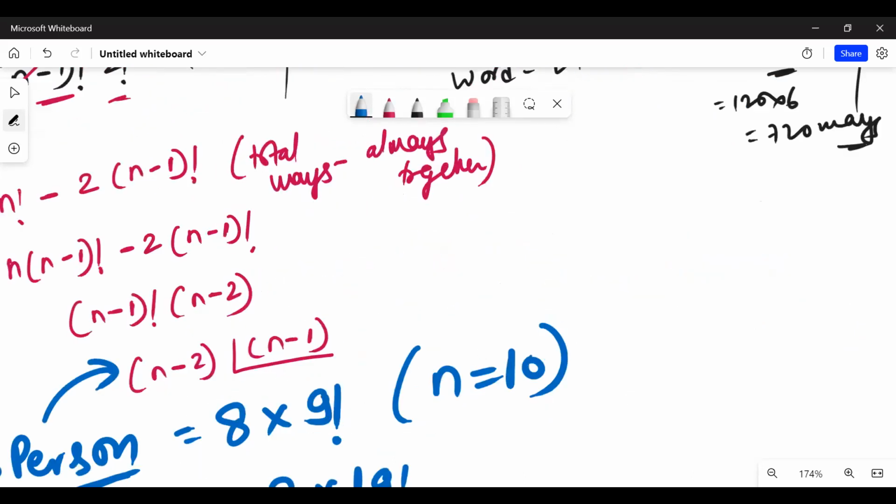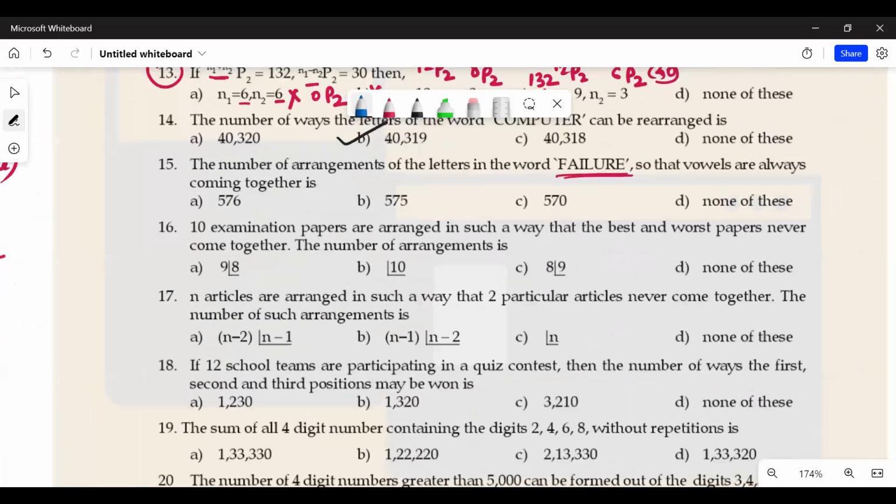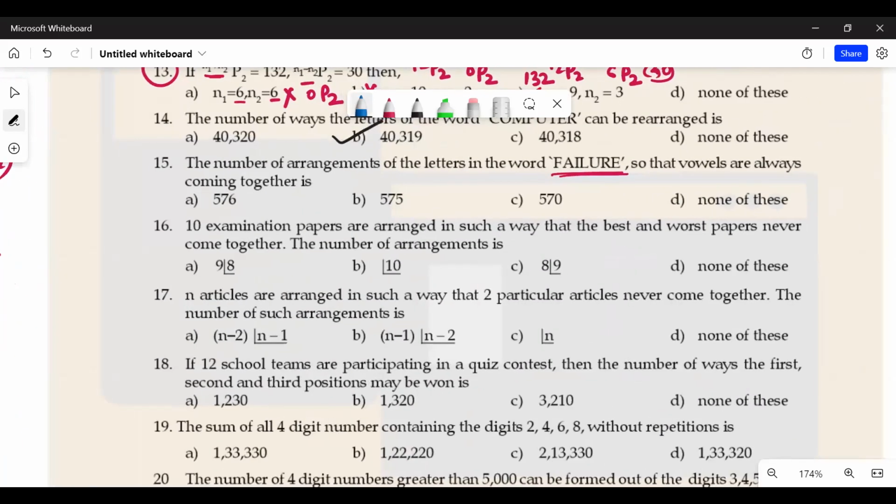Now, you see this. Just to answer, I told you 4 factorial into 4 factorial. The same.